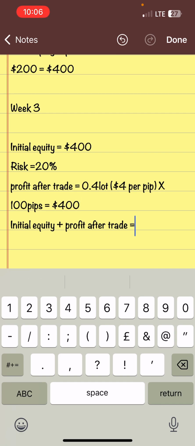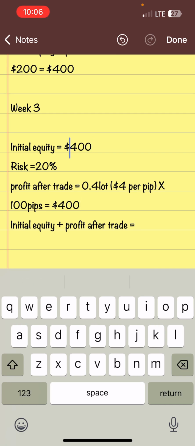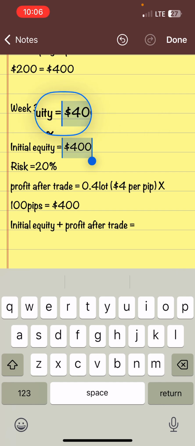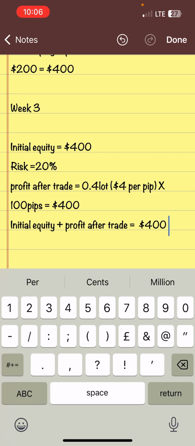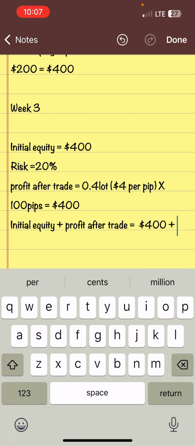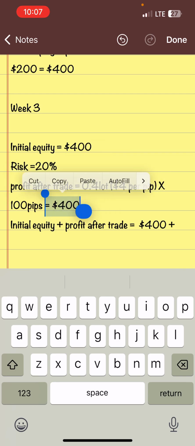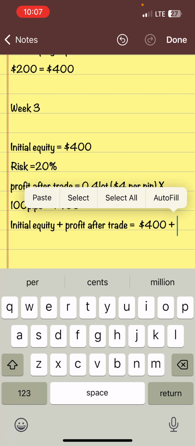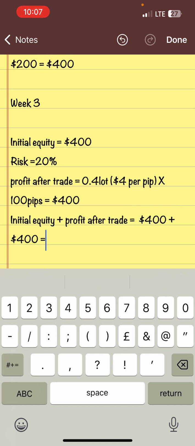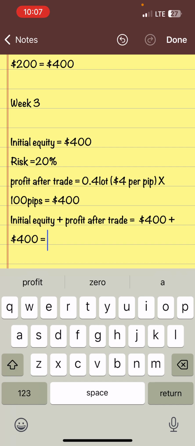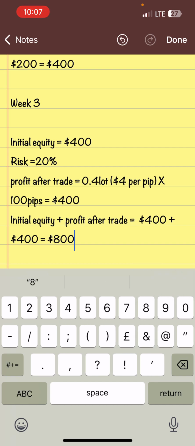So meaning that your initial profit plus your profit after trade will give you $800, right?